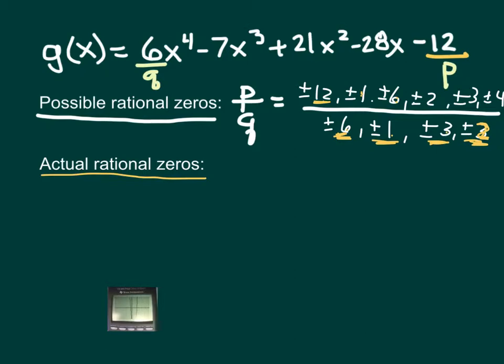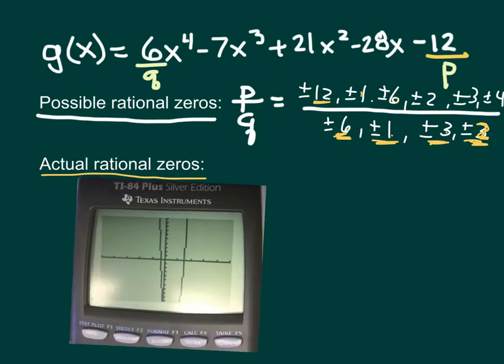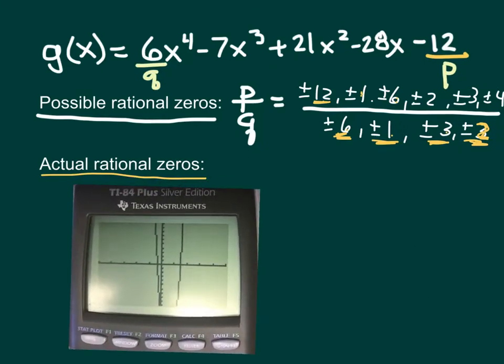So my actual rational zeros are using this list and my graph. So here I have the graph of 6x to the fourth minus 7x cubed, etc. Now I've changed my window settings because everything's so close to the x-axis or to the y-axis.